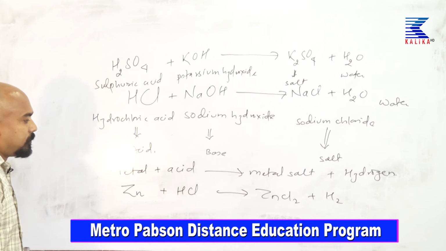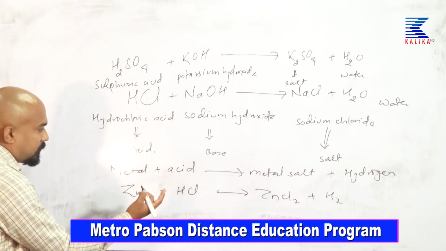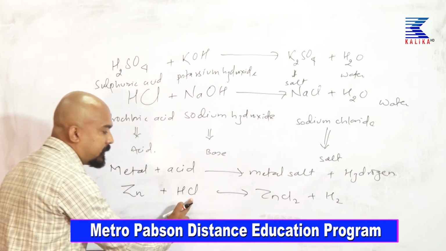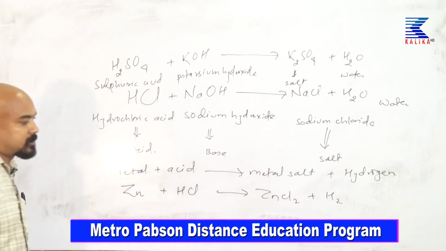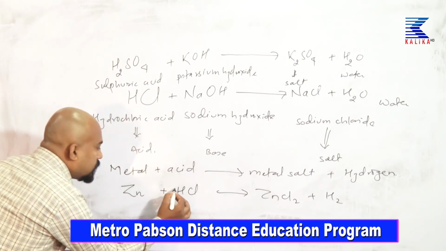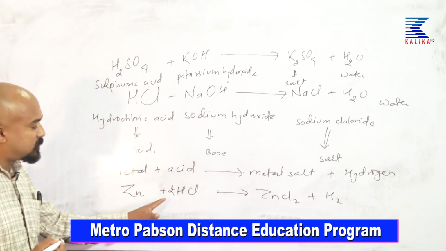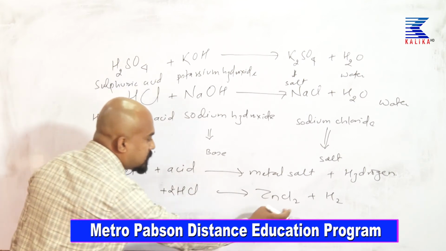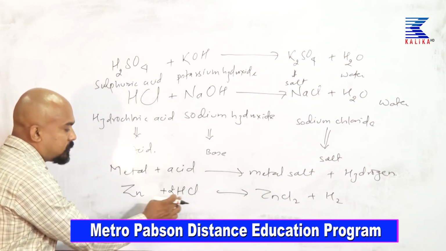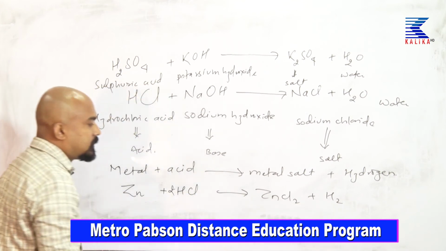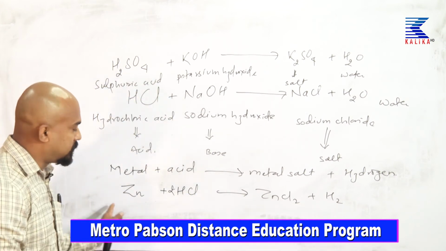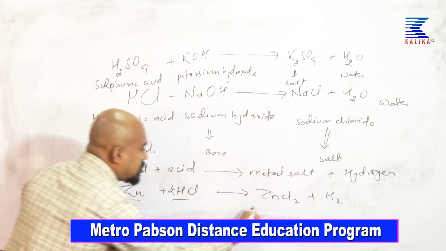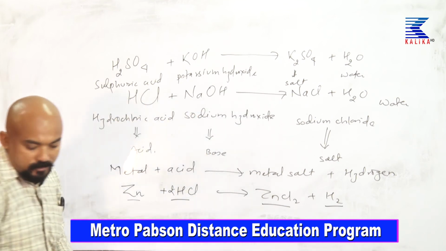To balance, check the number of zinc, it's okay. The number of chlorine on the reactant side is 1, and on the product side is 2. So the required number to be multiplied is 2, and then count the chlorine, 2 chlorine balanced, 2 hydrogen. So it is a balanced chemical equation. Metal plus acid gives metal chloride plus hydrogen.